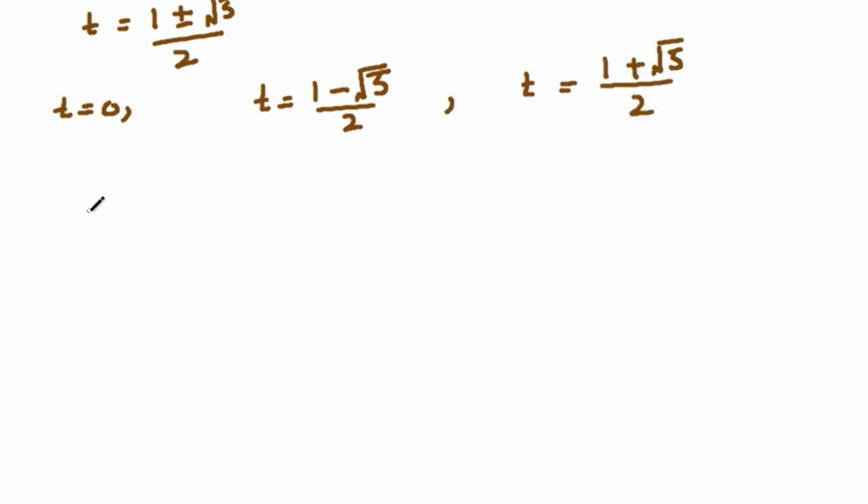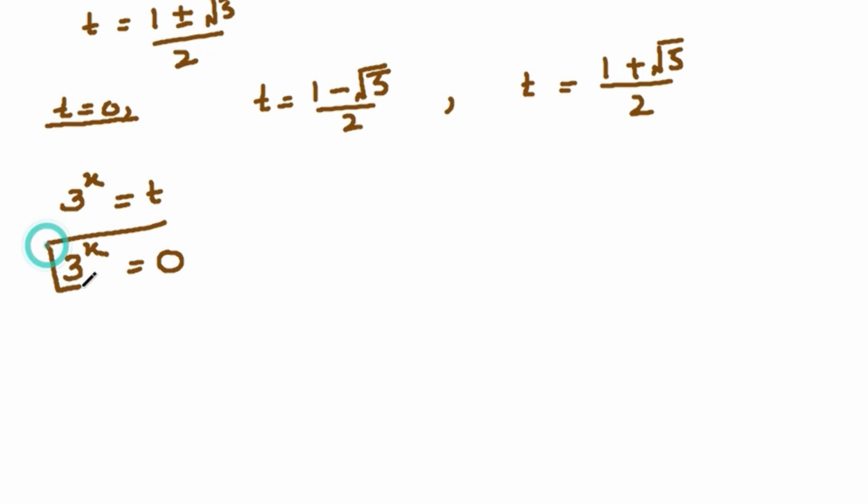But we have to find the value of x, where 3^x is equal to t. In this case, t is 0, which is not possible. There is no value of x for which 3^x is equal to 0.